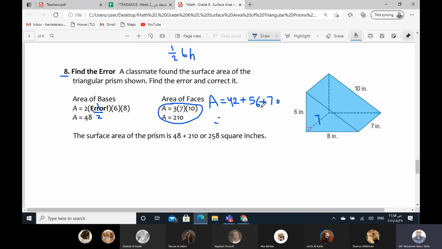Then we can add: 0 plus 6, 6 plus 2, 8, and 7 plus 5, 12, 12 plus 4, 16.